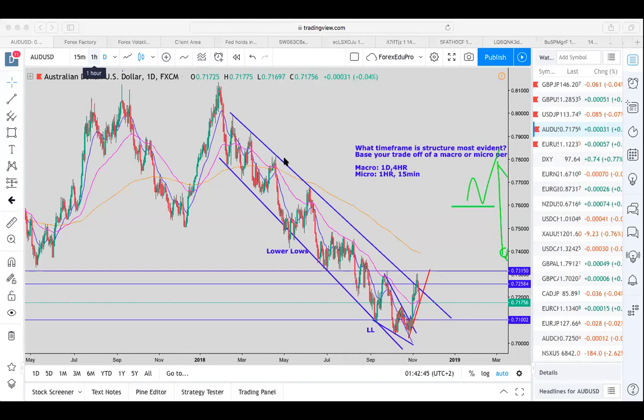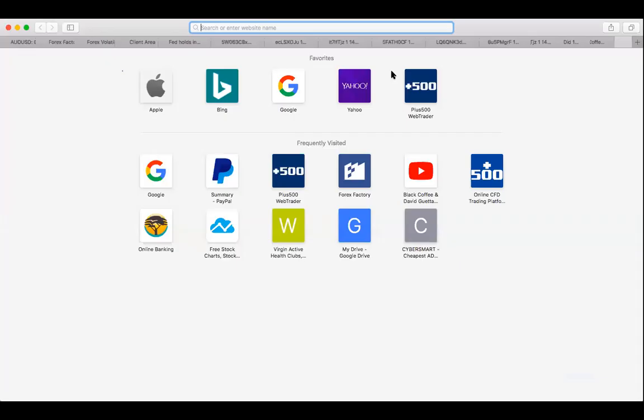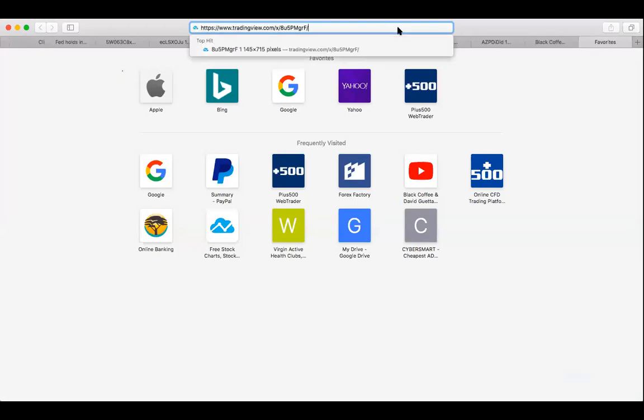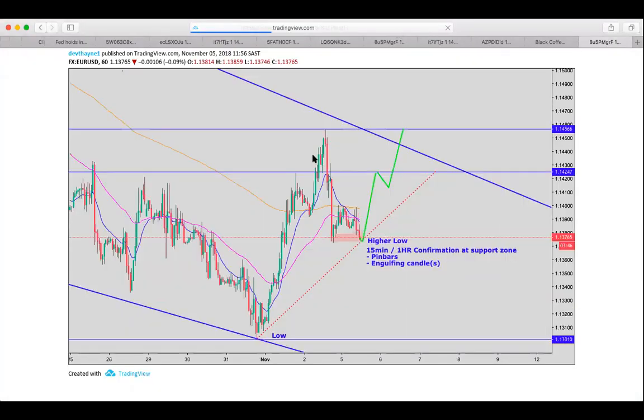Okay. There we go. So this was the AUD, sorry, this was the Euro USD.